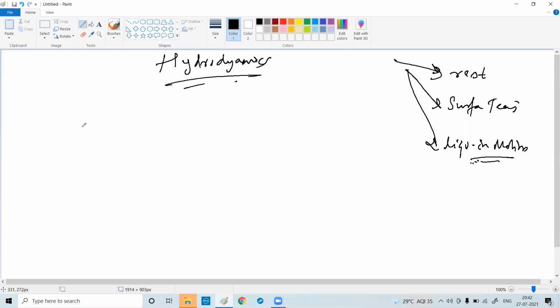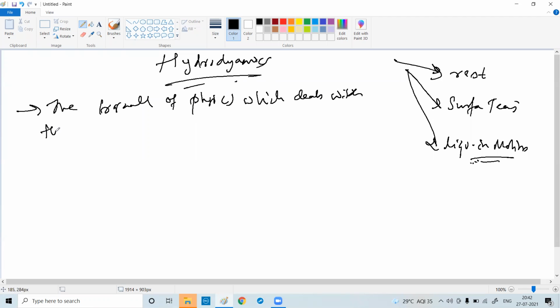So what is hydrodynamics? You can write down the definition. The branch of physics which deals with the study of fluids in motion is called hydrodynamics.